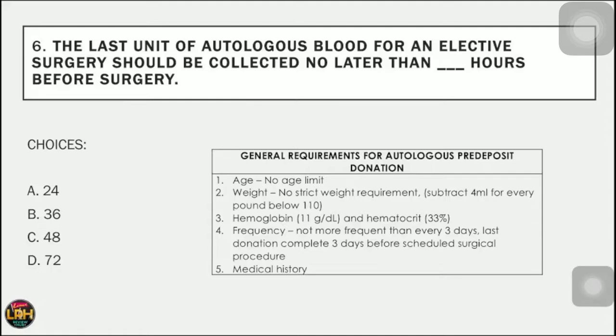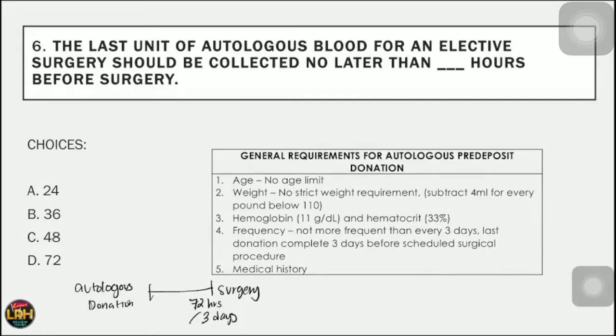So it is generally accepted that the minimum allowable time between the last autologous donation and the schedule of surgery is about 72 hours or 3 days.